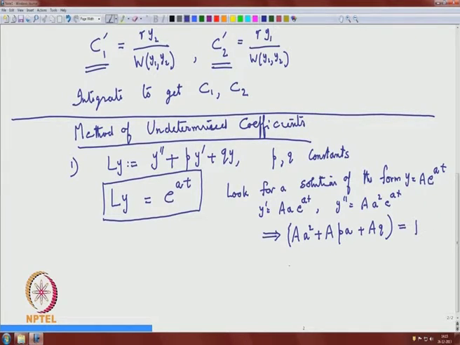So, that is c into a square plus p a plus q is equal to 1.